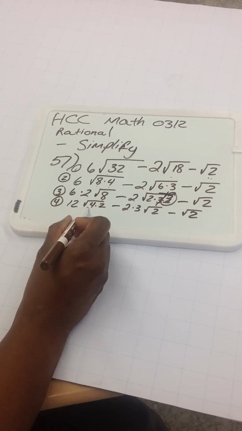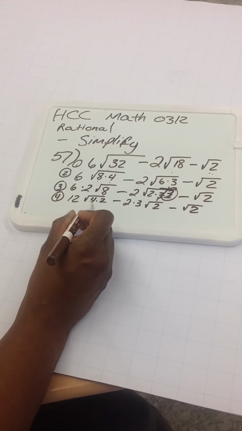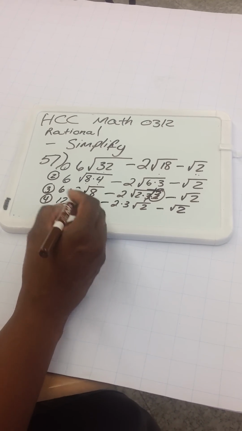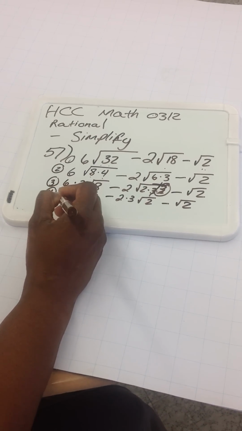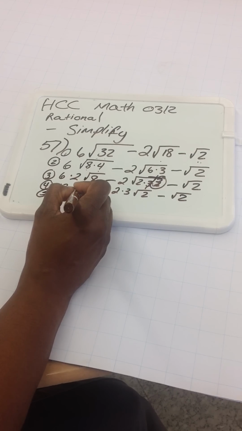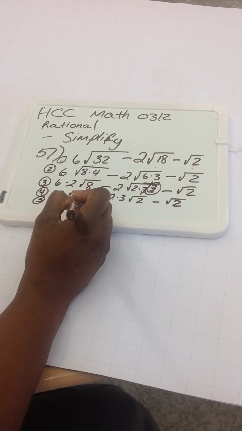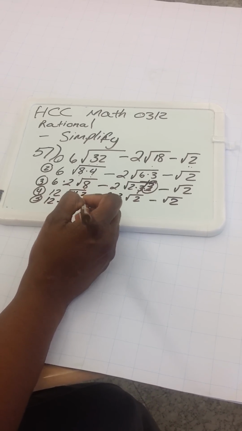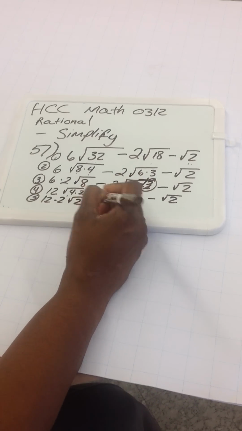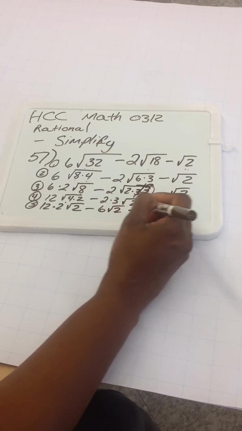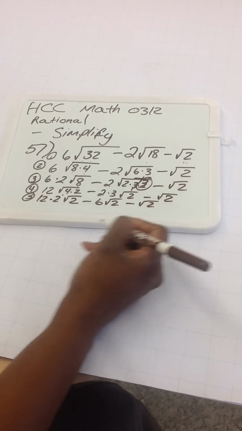We get back to the beginning. We always work from left to right. The 4 times 2, we can break down the 4 as 2 times 2. So at step 5, we know we're going to have 12 times the square root of 4 times 2. We're going to break down this 4 as 2 times 2, so we're only left with the square root of 2 on the inside. Minus 6 times the square root of 2, minus the square root of 2. We're not quite done.